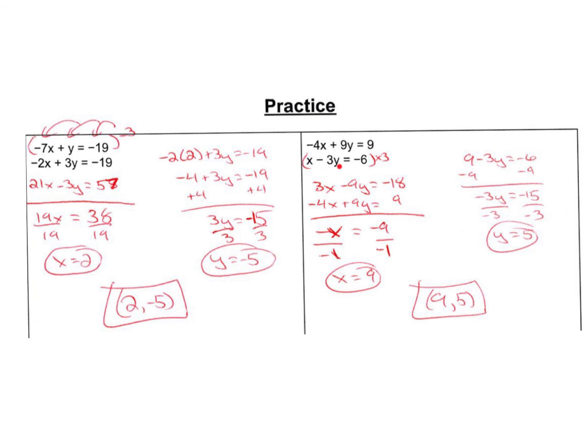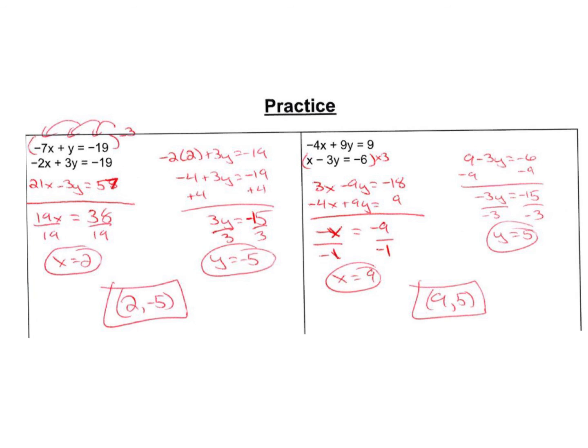In this second one, we could do either one. We could do x's or y's. I chose to just multiply by 3 so the y's will cancel. You could have got the same answer by multiplying by 4, so your x's cancel. So if your work doesn't look exactly the same, don't be too alarmed, but we should end up with the same answer.